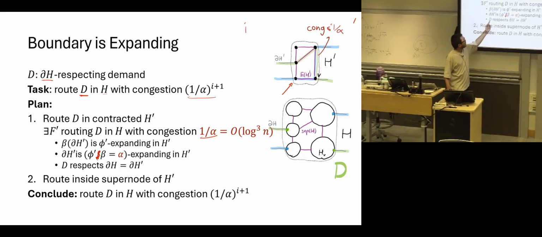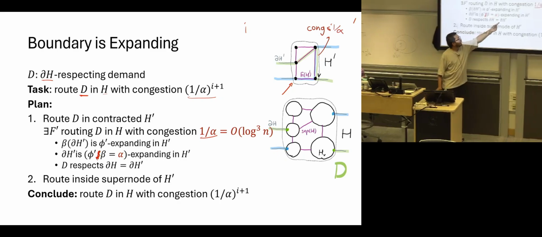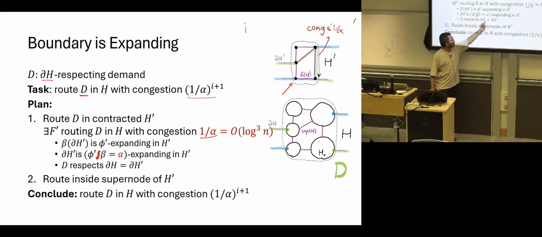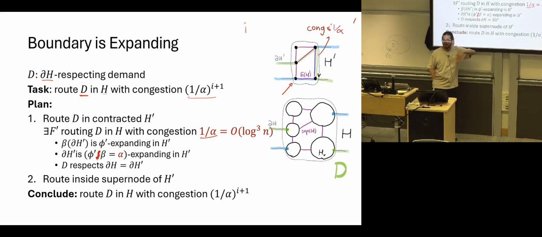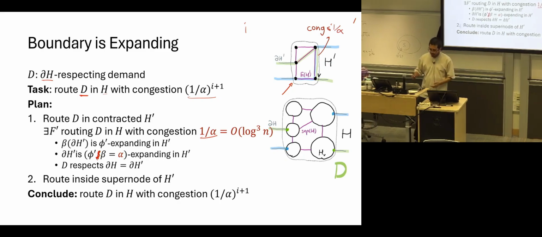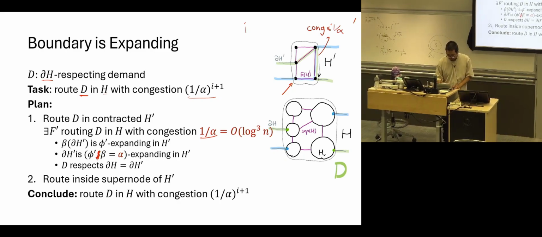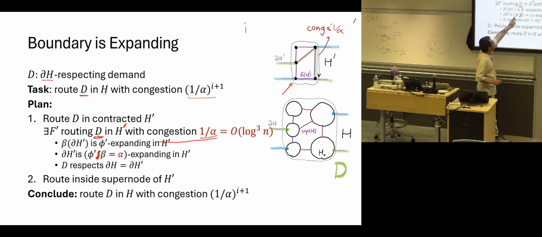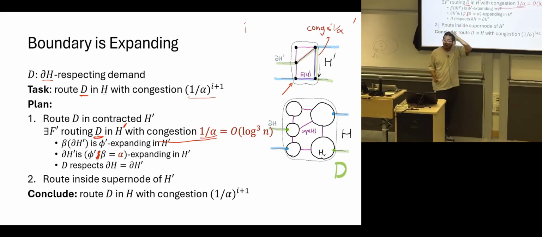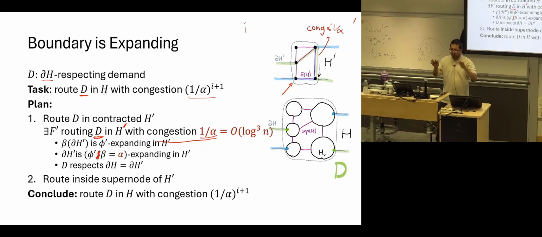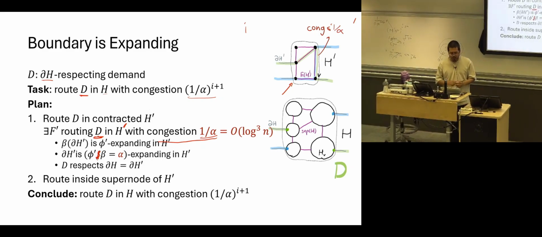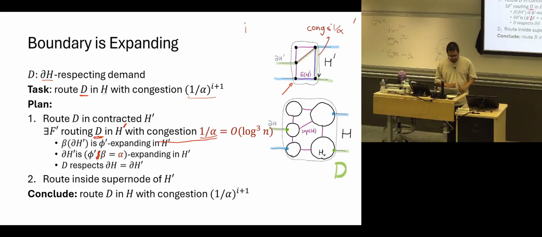And this demand respects the boundary of H, so it respects the same boundary of H prime. So now we know that you can route D in H prime with low congestion, just 1 over polylog congestion.